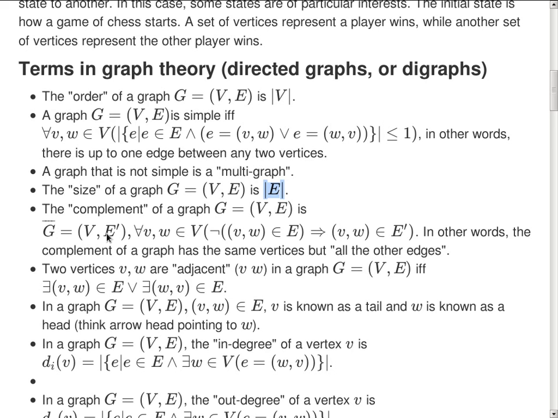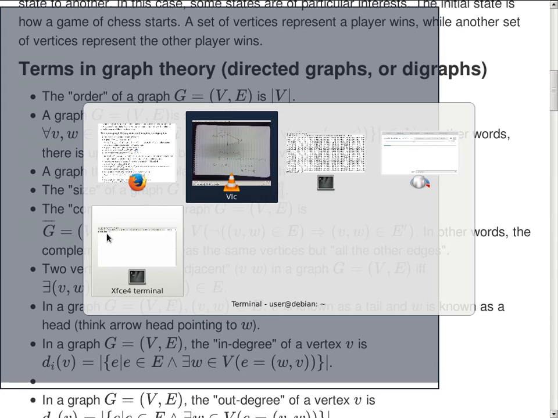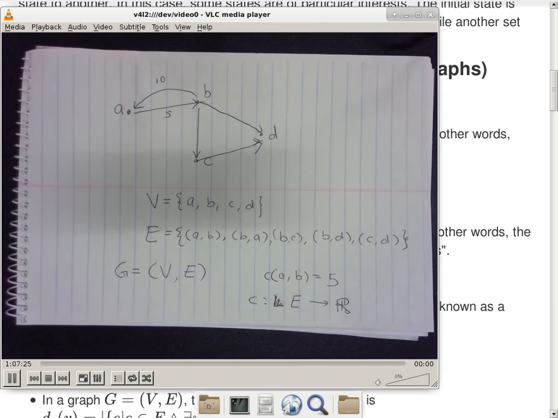Okay, so let's take a look at the complement of the graph that we just looked at. I'm going to use dotted lines here.